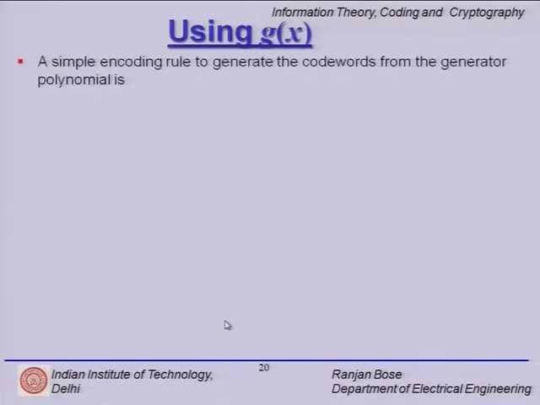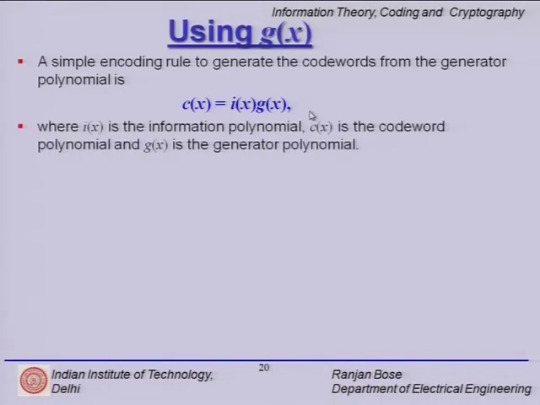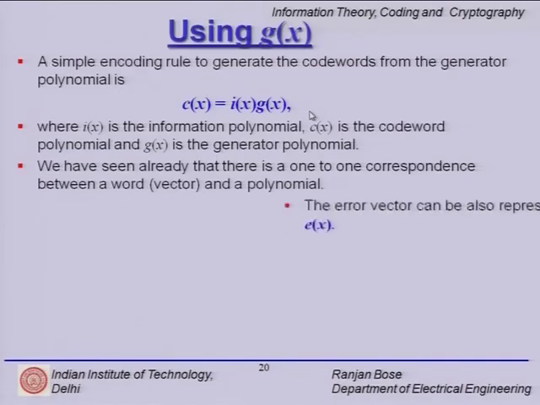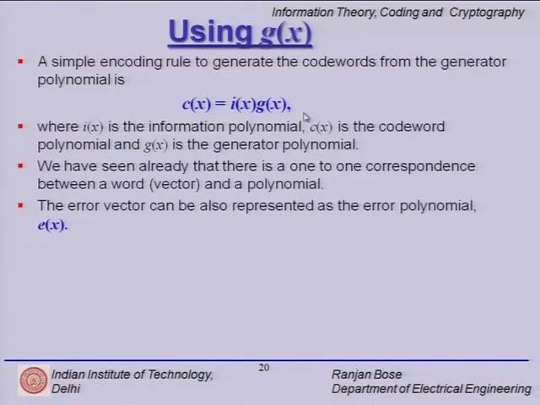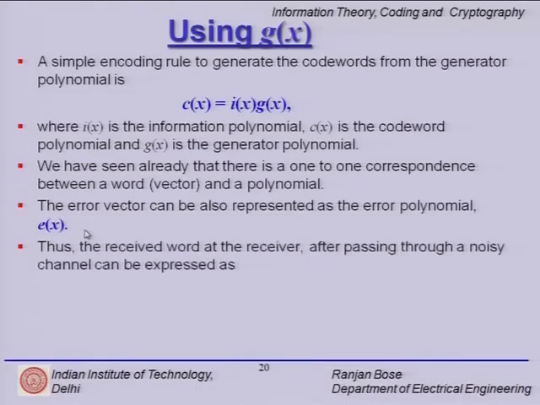So, let us see how we use g of x. As we have mentioned, any code word polynomial can be generated using an information polynomial I of x and a g of x. Now, since any vector can be effectively represented as a polynomial, the error vector can also be represented as an error polynomial.